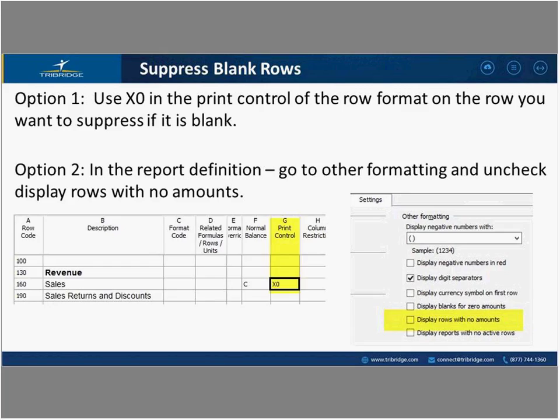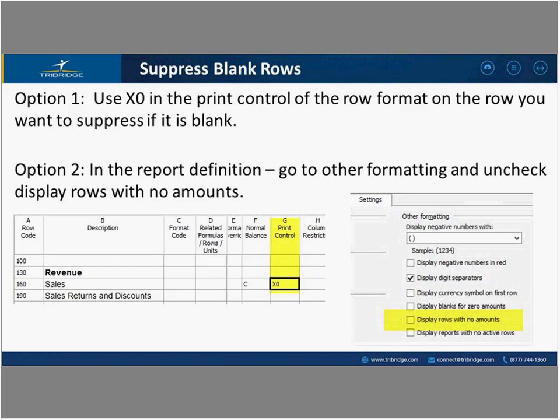The way we do that is in the print control column G, we put the letters XO, and the amount would be suppressed if it were blank, meaning we don't get just a label showing up on the report with no dollar amount on it.